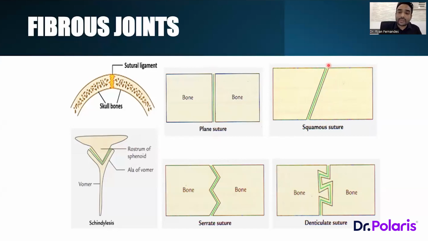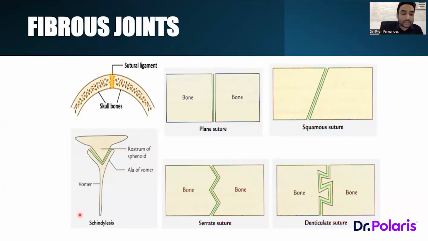Squamous suture, there is an oblique line. Serrated sutures, there is serration. And denticulate suture, denticulate like teeth. So it is as if one tooth has gone into the other. So that is denticulate suture. And the last one is sindesmosis.